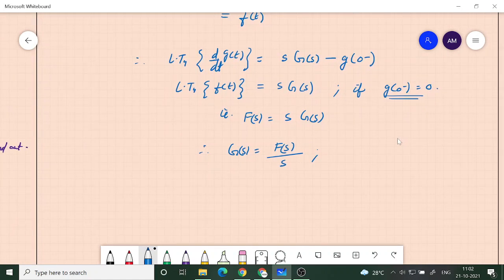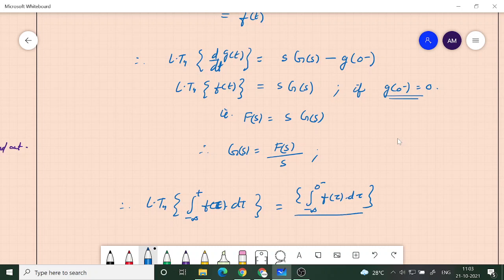So the Laplace transform of the total, that is the integral from minus infinity to t of f of tau d tau, is going to be equal to the first term which we found earlier, the integral from minus infinity to 0 minus of f of tau d tau, divided by s, plus this result when this is 0, which is F of s divided by s. So this is the final result.